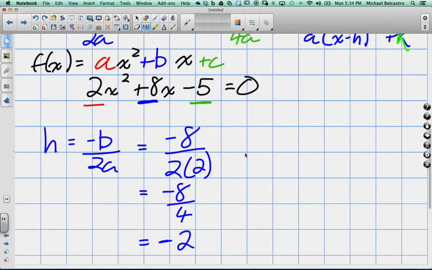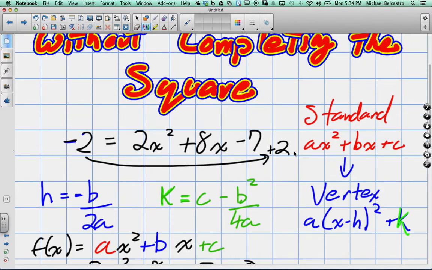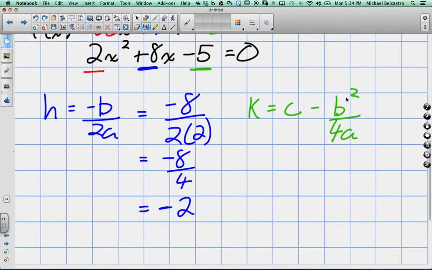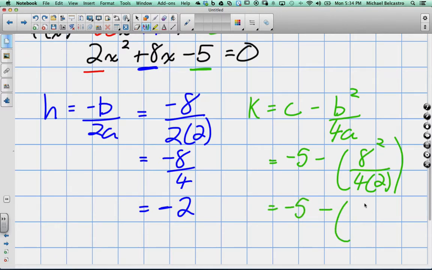-2. Yeah, great. Our other formula, k, is equal to c minus b squared over 4a. Let's make sure you write it down. What's our c value? C is -5. So -5, subtract. What's our b? 8. 8 will be squared, divided by, and what's our a value? 2. Okay, so let's deal with this bracket here. -5 minus, what is 8 squared going to be?